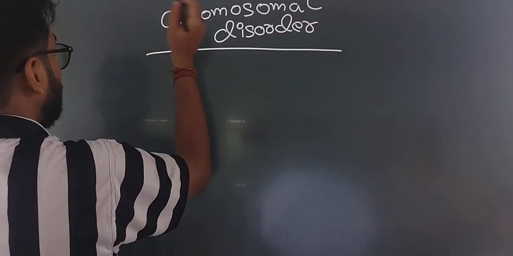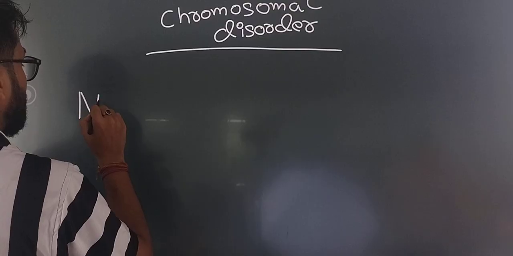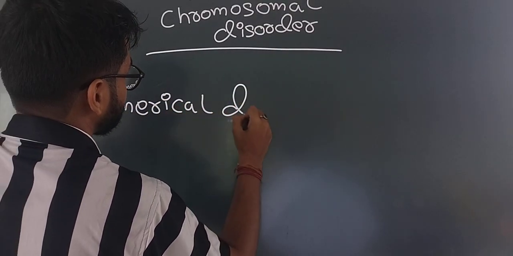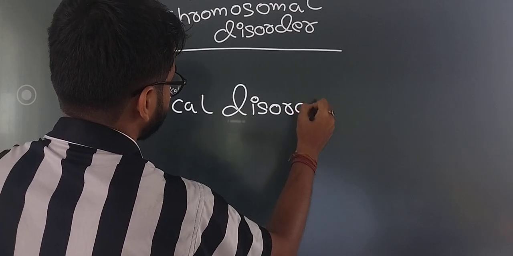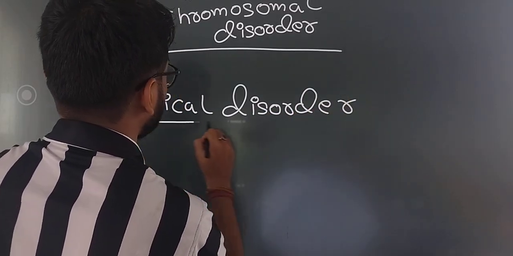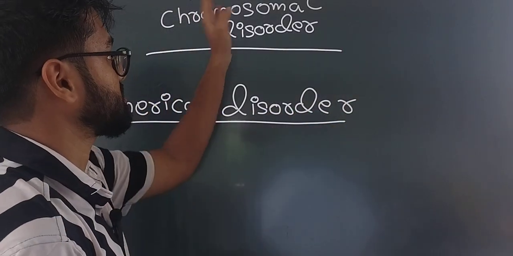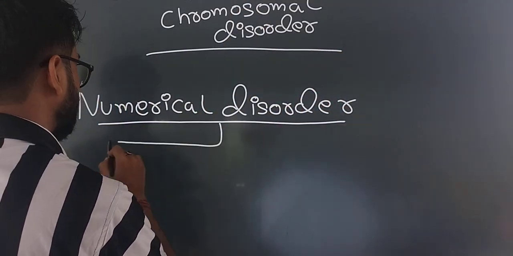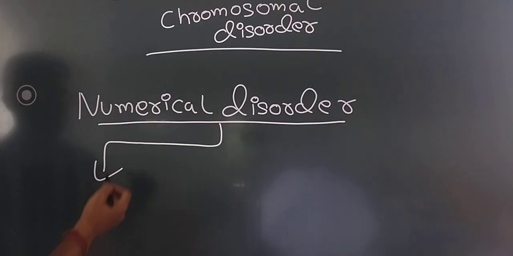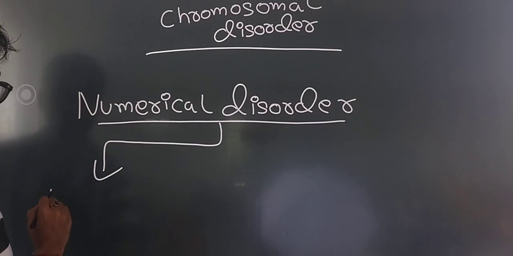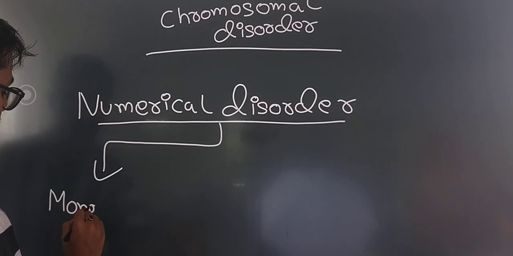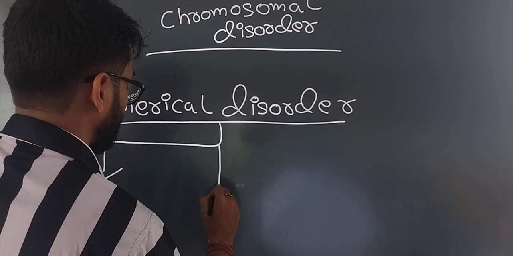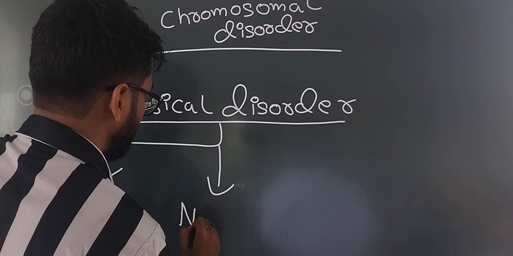Now, in this way, we will be looking at numerical disorders as well. What is this numerical disorder? We are talking about numerical disorders of chromosomes. We are still under chromosomal disorders. Numerical disorders can be, first, your monosomy. Then your nullisomy.